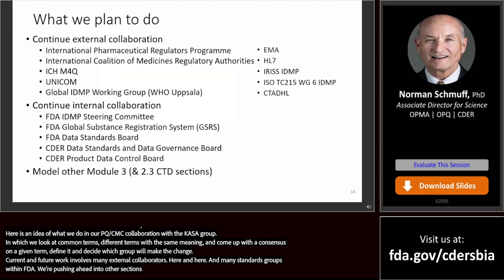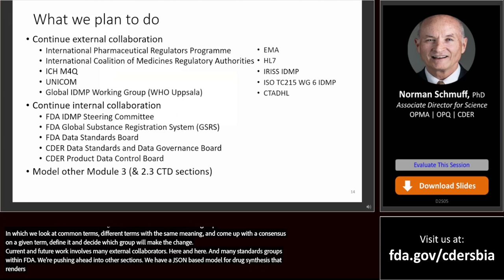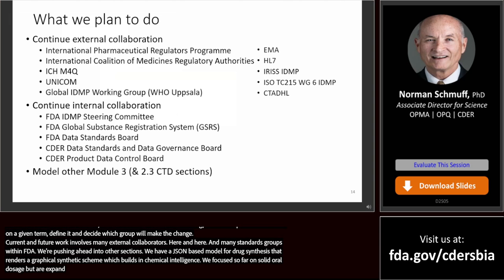We have a JSON-based model for drug synthesis that renders a graphical synthetic scheme which builds in chemical intelligence and is not simply a picture. We focused so far on solid oral dosage forms, but we're now expanding into liquids, including biotech products such as monoclonals, with input from our Office of Biotech Product subject matter experts.